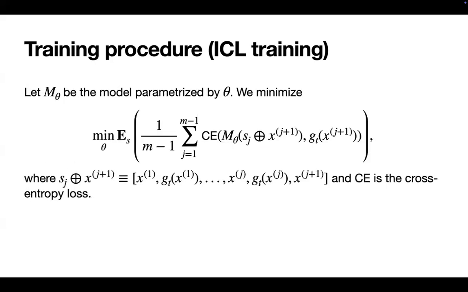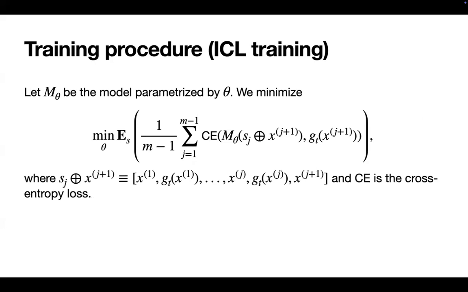After we form a sample, we consider model M parameterized by theta. We minimize the following loss. So what does that mean? Recall that we have a sequence of m pairs of inputs and outputs.